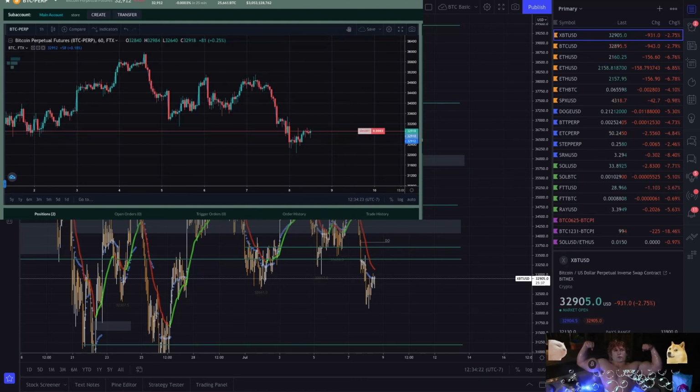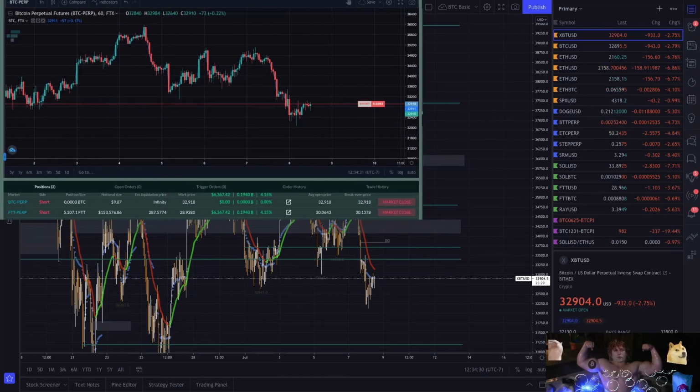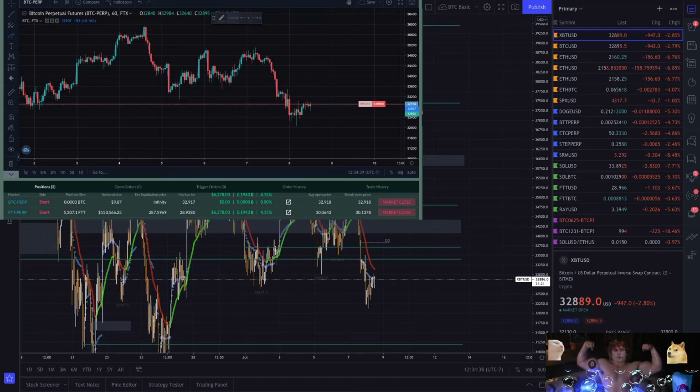So the way I might put a stop order, let me scroll down. Imagine that my invalidation is like here, okay? I want to be invalidated here. What I might do is something like this.